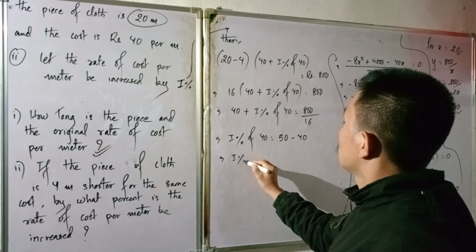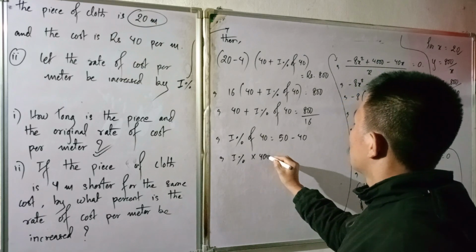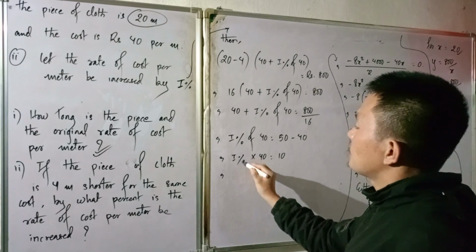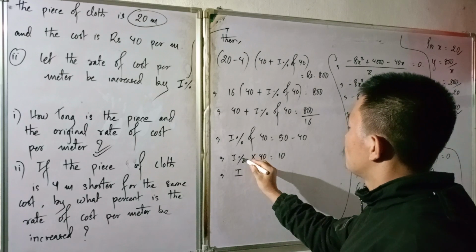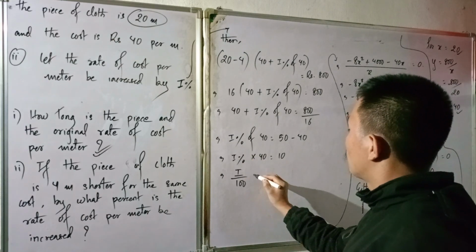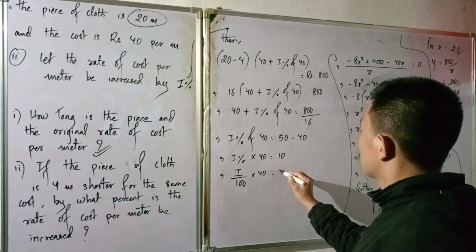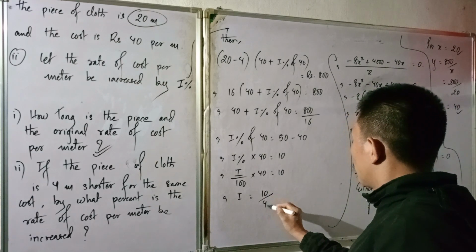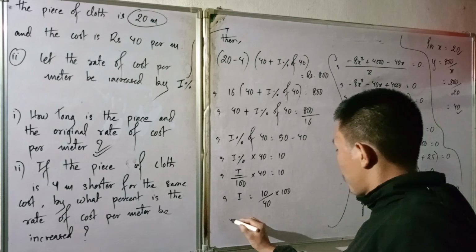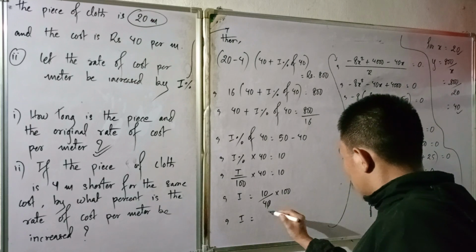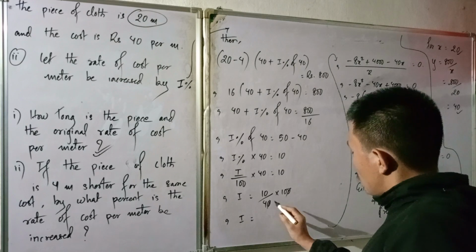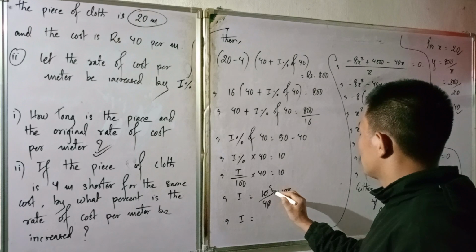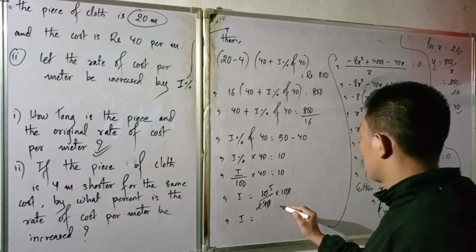Now I% of, you can replace with a multiply sign. 50 minus 40 is 10. To remove this percent sign, divide by 100, so I into 40 equals 10, or I equals 10 divided by 40 into 100. Now you will get the value of I. 2 5s are 10, 2 2s are 4.